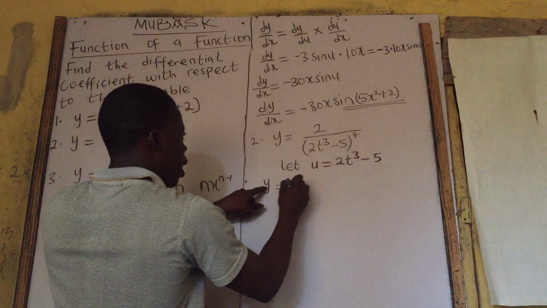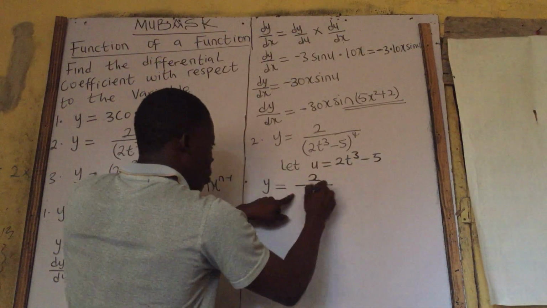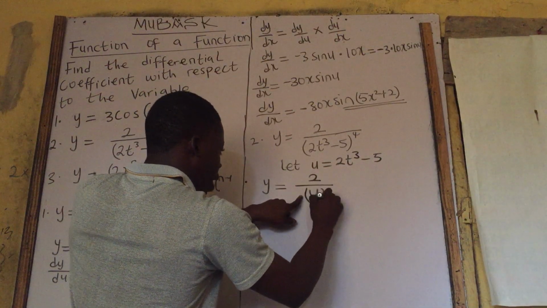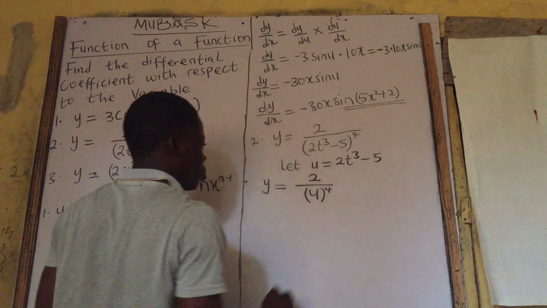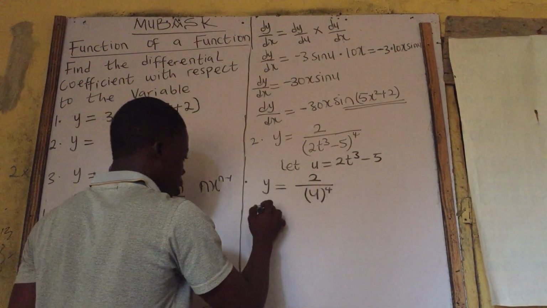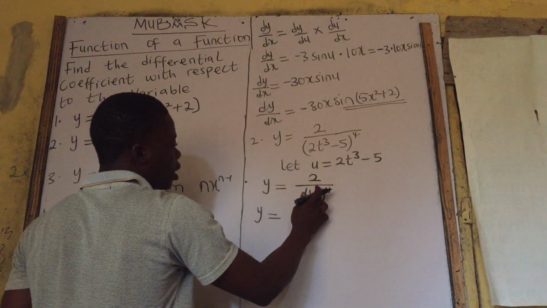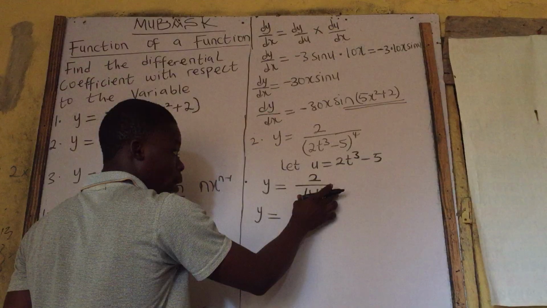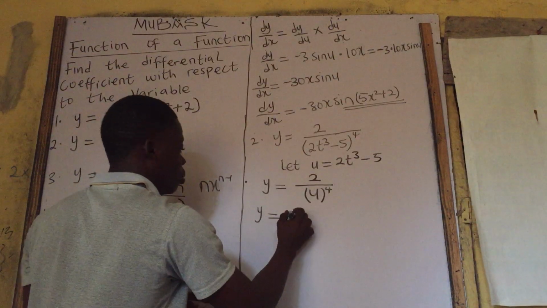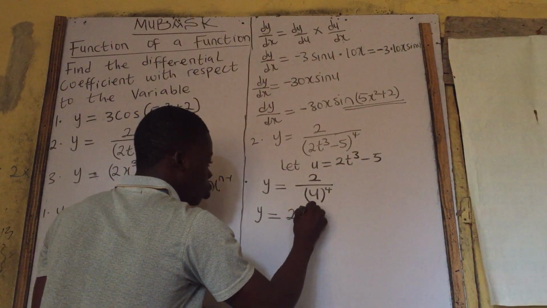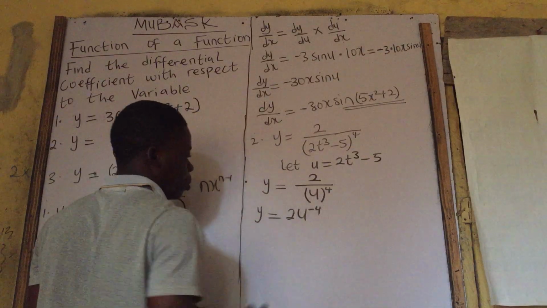Now y equals 2 divided by u, all in bracket raised to power 4. If I change this into a whole number, I can convert it into 2u to the power minus 4.